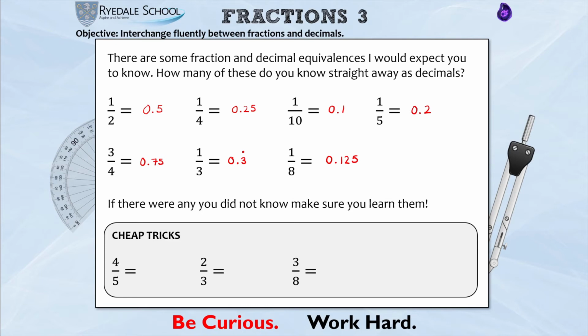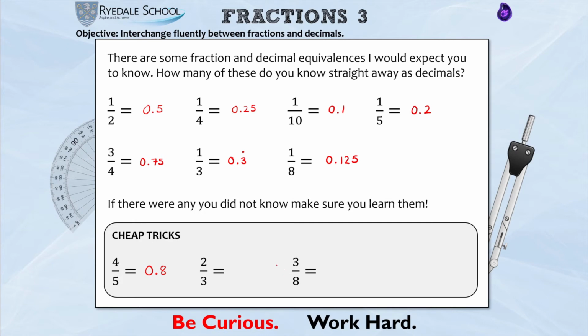Now, I've got a little section called Cheap Tricks, and the reason why I call it Cheap Tricks is because if you know all of these ones, mathematically you should be able to work out all of these others. 4/5 is just 4 lots of 1/5. So it's 4 lots of 0.2, which is 0.8. 2/3 is just 1/3 doubled.